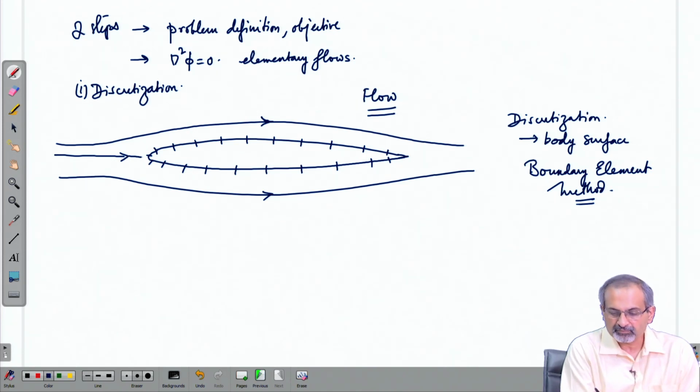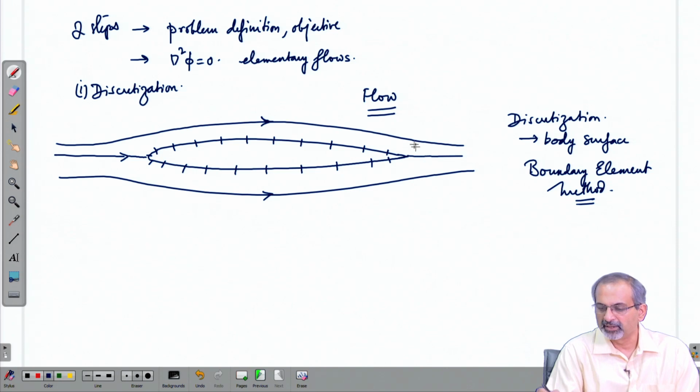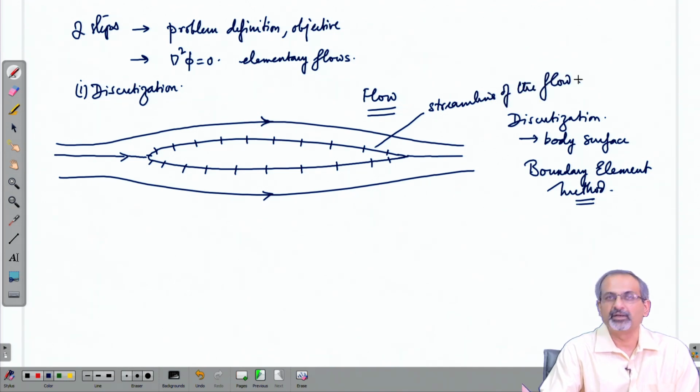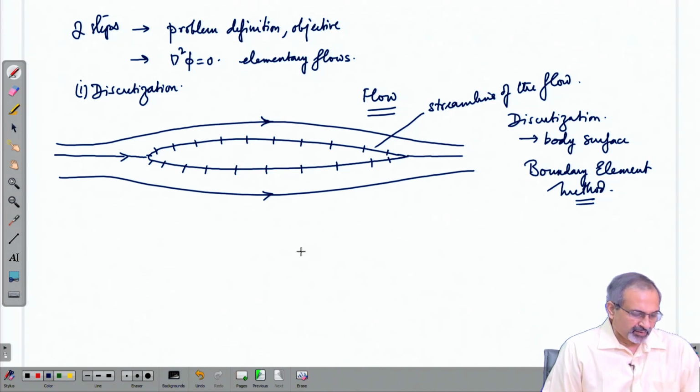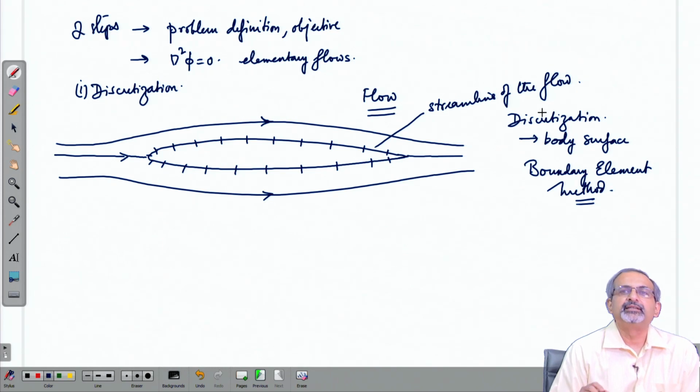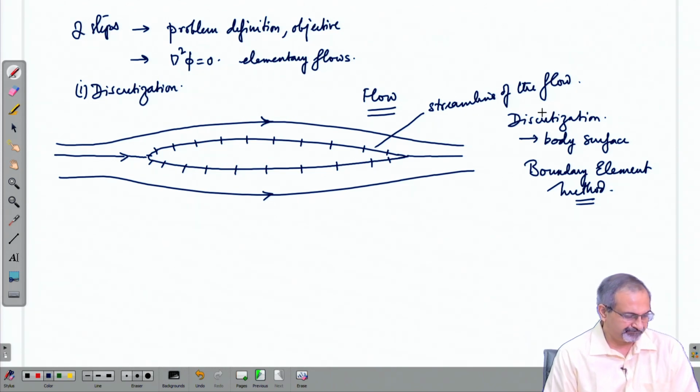Therefore, this body will become a streamline of the flow. If we are able to solve the problem properly, this shape will become a streamline of the flow. There will be no flow separation because it is a potential flow. So, we have to remember that this is how we interpret discretization in a problem like this.